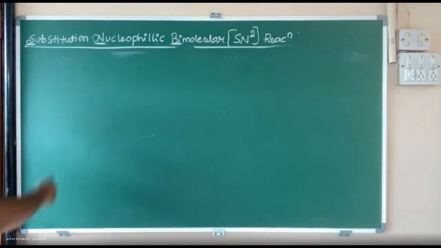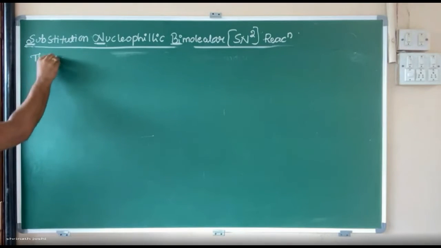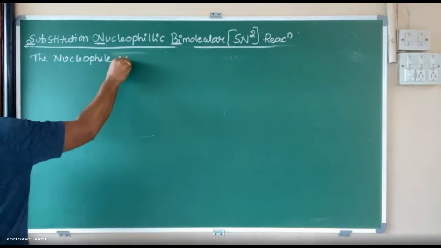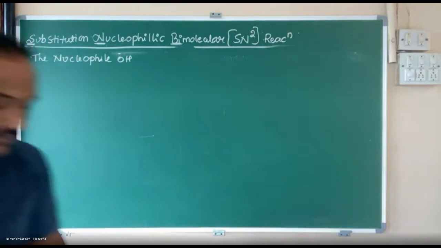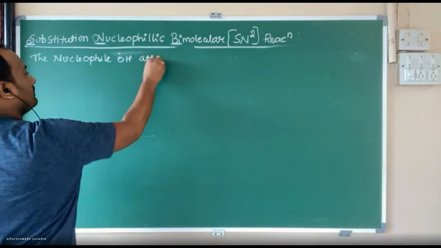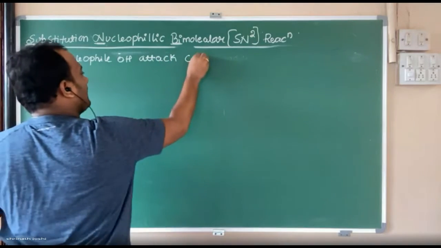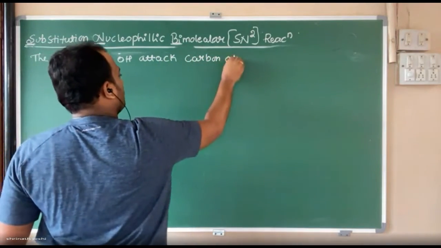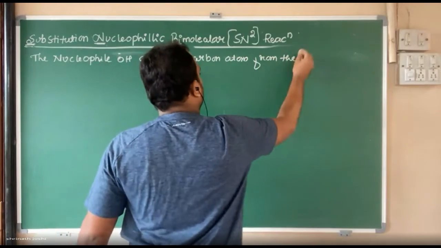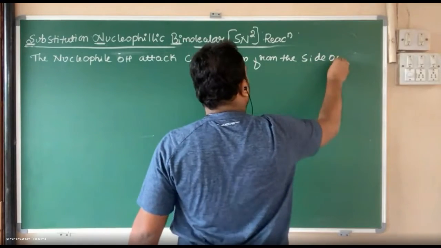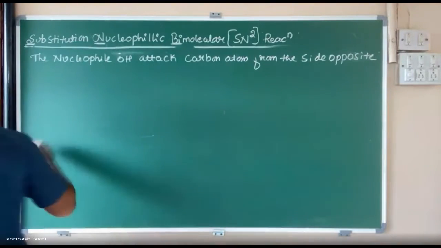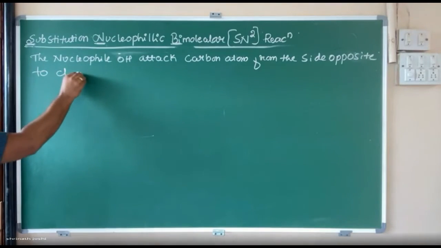The nucleophile OH minus. Go on writing below. The nucleophile OH minus attacks the carbon atom from the side opposite to the Cl atom, correct?